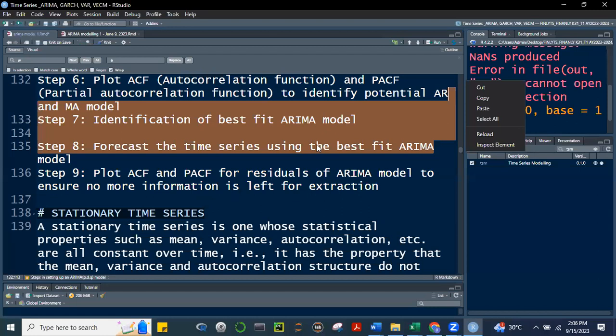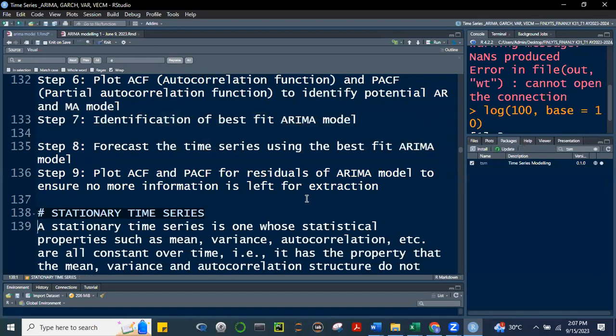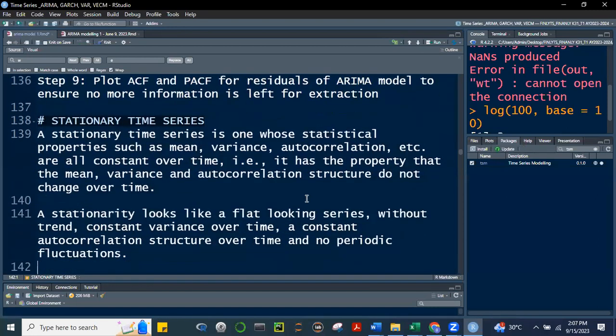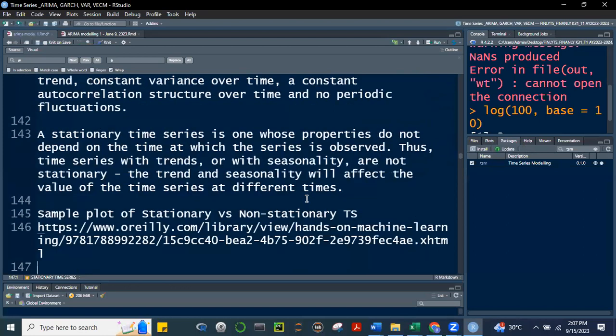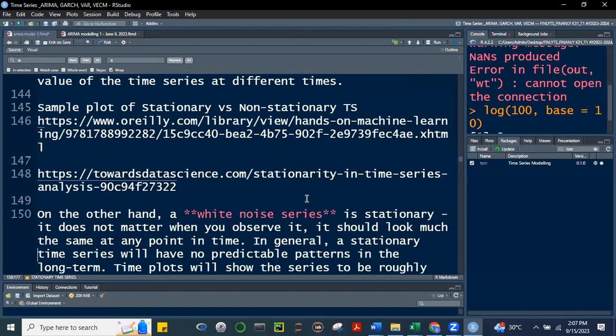We don't just come up with a model and say it's finished. We will have to test if our model stands up to scrutiny by looking at the diagnostics for the residuals. Okay? All right.